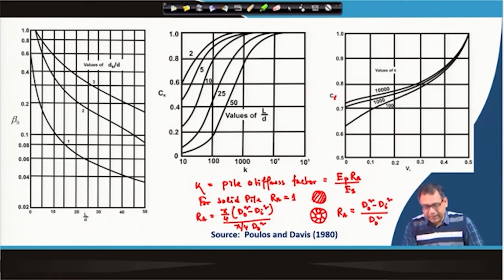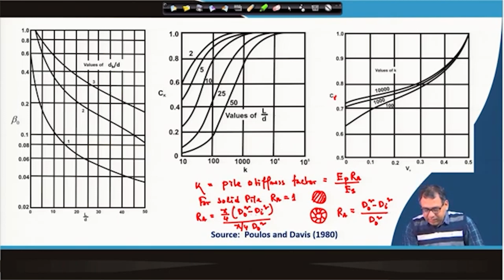So, for the hollow pile, this is the effective area divided by the area covered by the outer surface of the pile.